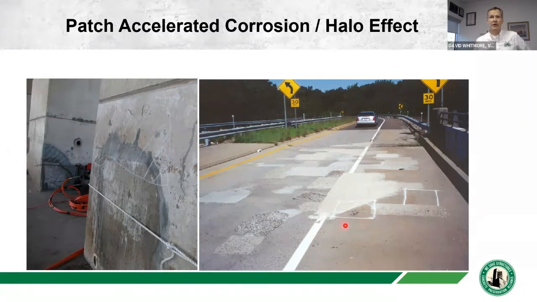And this is a deck application, which you probably don't see so often in Australia because of de-icing salt application. But the same thing, you have a series of different repairs, and the adjacent areas tend to continue to corrode.